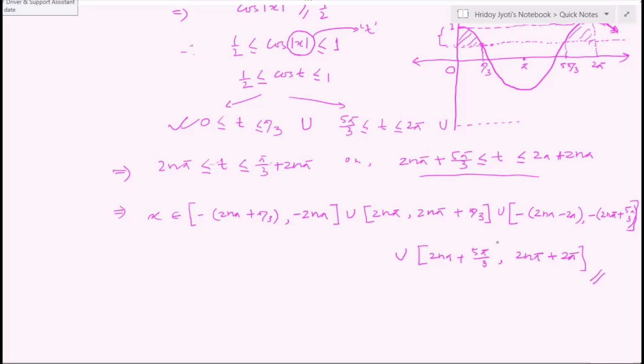So this will be the final answer. We are generalizing the values of x which are lying in this interval.